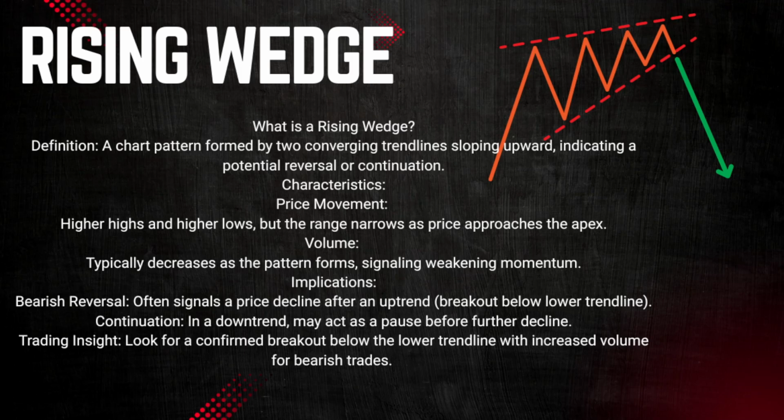Then the implications. As spoken about, it's often a bearish reversal pattern. With the rising wedge, it happens very much. So it's very good to keep an eye on it if your favorite token is in this rising wedge. You want to be keeping a close eye on whether it's breaking down.